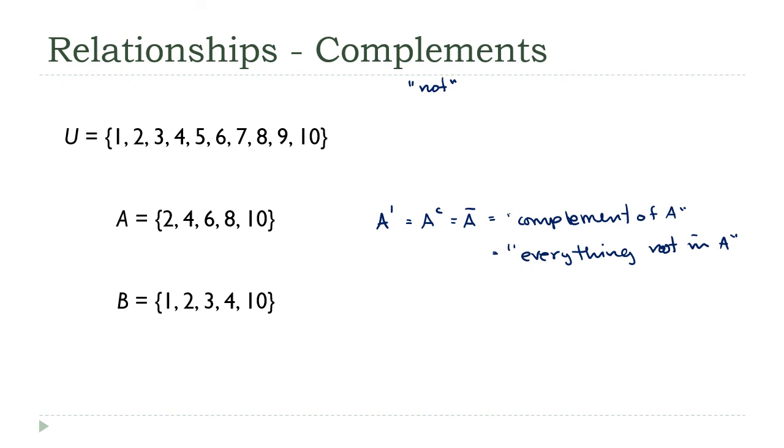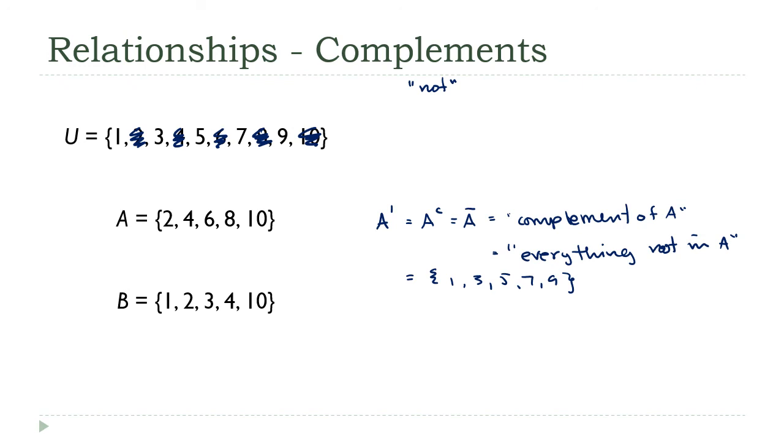So if I want to know what is the complement of A, I'm going to go to my universal set. That's my everything set, and I'm going to cross off everything that's in A. A is just the even numbers, right? 2, 4, 6, 8, and 10. So if I cross off 2, 4, 6, 8, and 10, what's left is the complement of A. 1, 3, 5, 7, and 9, right? That's how you do a complement.